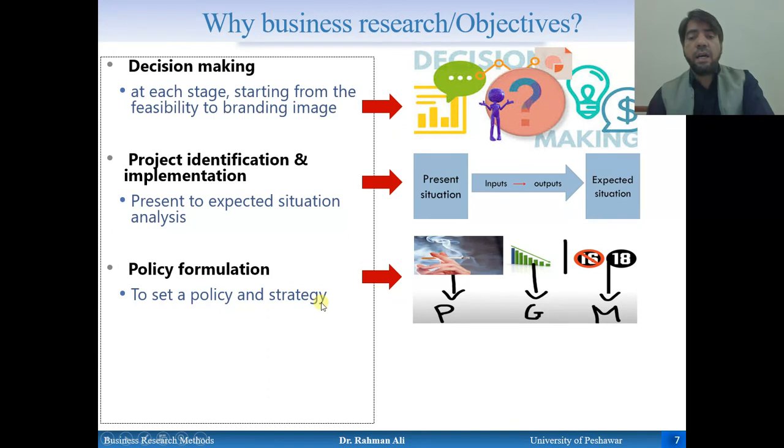Another objective of business research is that organizations formulate their policies based on research. When they go for research, they research the scenario, then they can formulate a new policy.